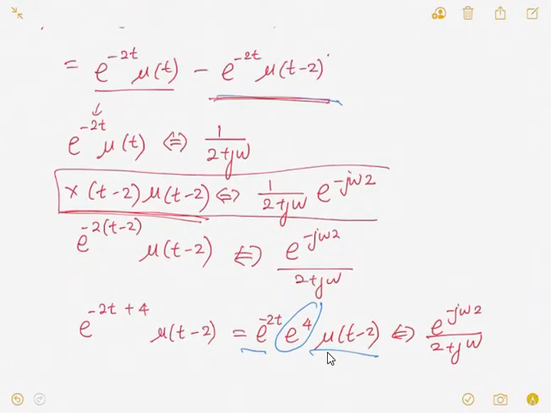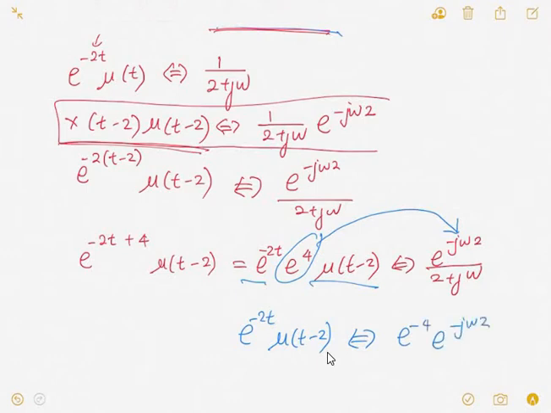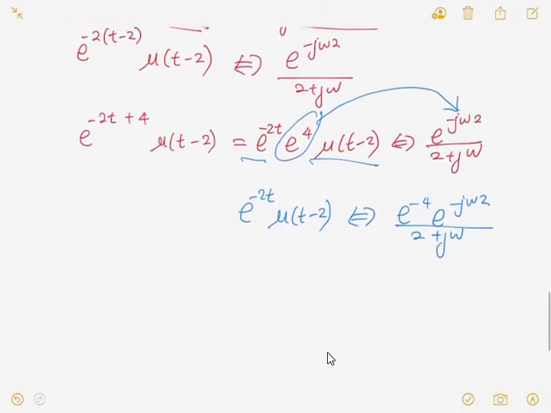So this is important. So for e^(-2t) u(t minus 2), we bring the e^4 to the right hand side, so we will have e^(-4) e^(-j omega 2) over 2 plus j omega.